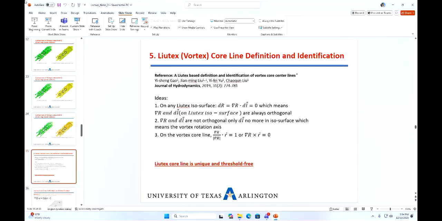That's the definition for the core line: the gradient of R and R are parallel. Then we say this is a core line.